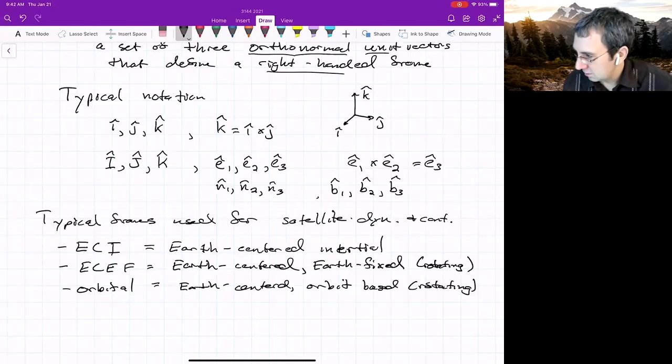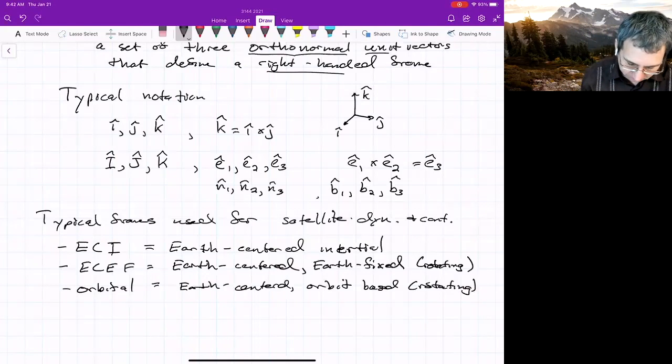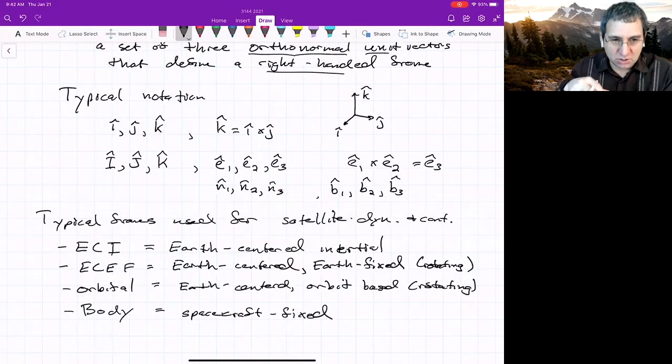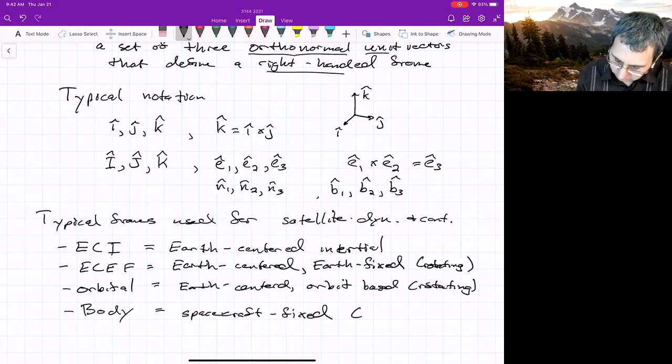And then, of course, attached to the body is a body-fixed frame. So I'll just say body or body-fixed. Let's call it spacecraft-fixed. You have to get used to this terminology of the word fixed. It just means attached to. This is also rotating because the spacecraft could be rotating.